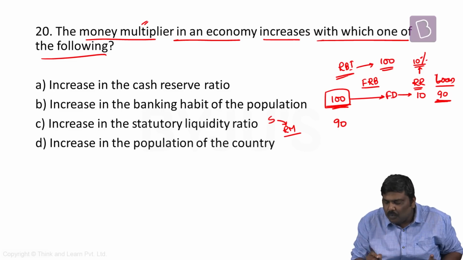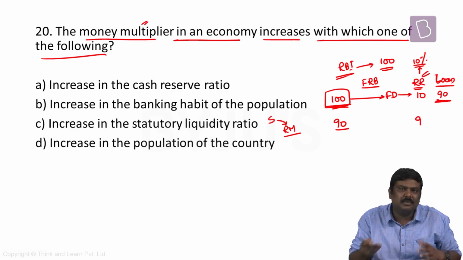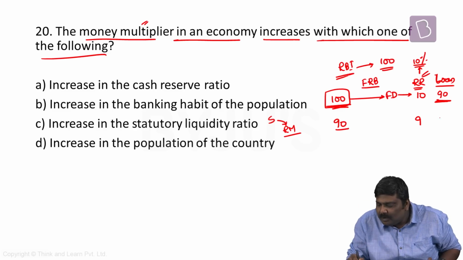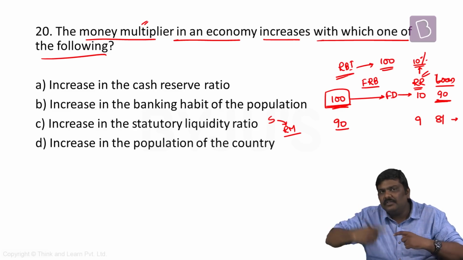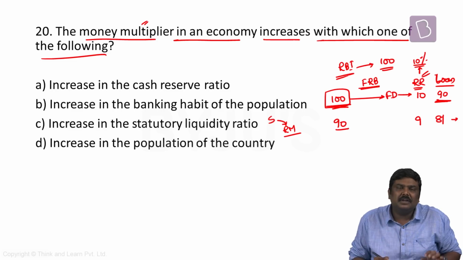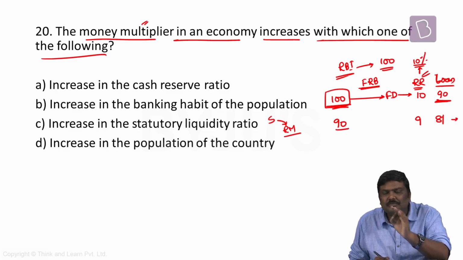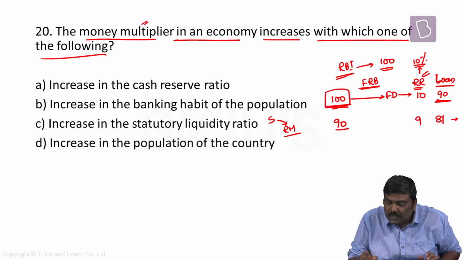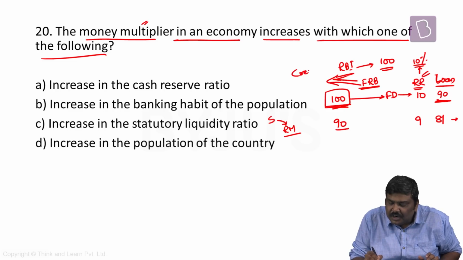And now the bank will do what? Out of this 90 rupees, it will keep aside 9 rupees, which is nothing but the reserve, and the remaining 81 rupees, it will again give in the form of a loan. This concept is nothing but the concept of fractional reserve banking, which will lead to credit generation, or issue of credit in the market.